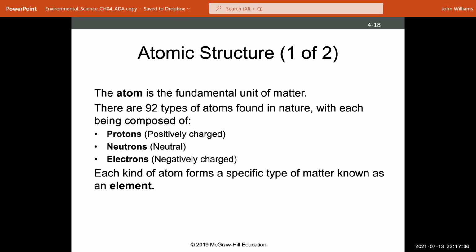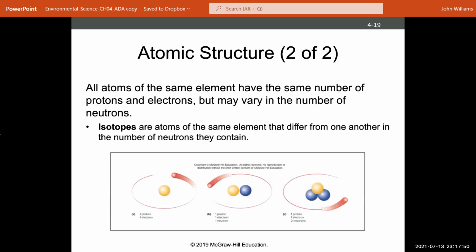All of those are elements formed by a specific type of atom. Atoms are protons and neutrons in the nucleus, and then electrons in that electron cloud. Now, all atoms of the same element have the same number of protons and electrons, but they can vary in the number of neutrons.